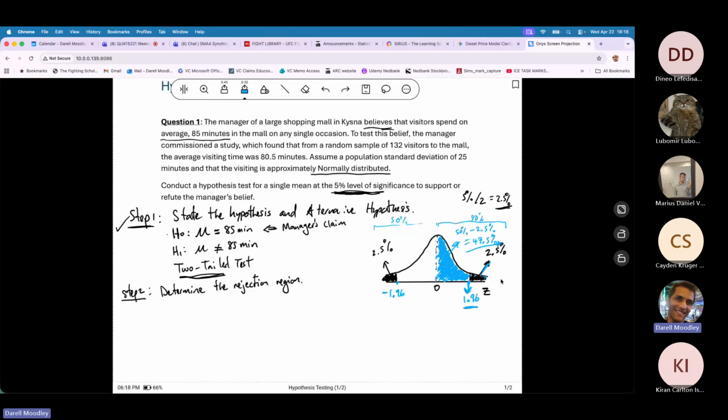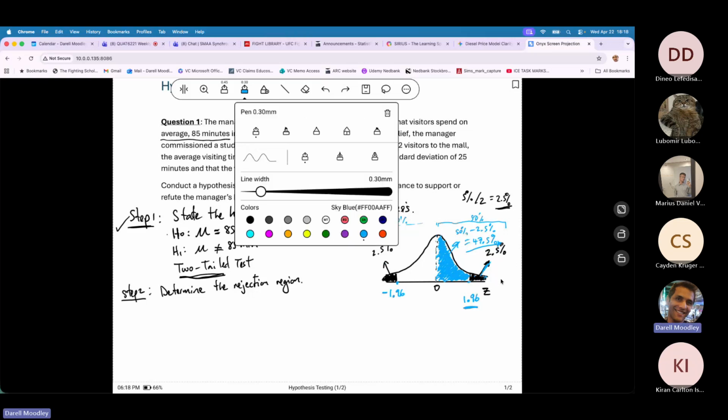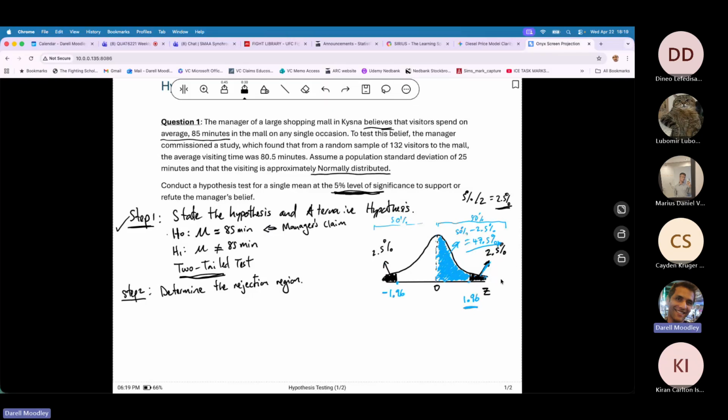Now what you've done is you found your critical regions. In other words, you found the region where you would reject H0. So everything from 1.96 to the end, where you have this black shaded region, you're going to reject H0.